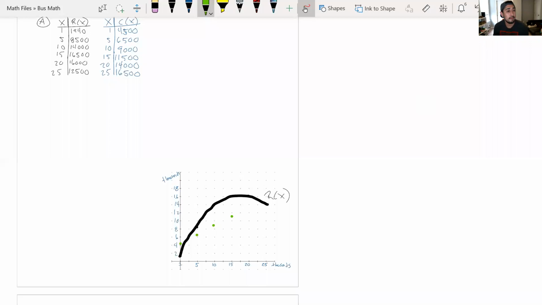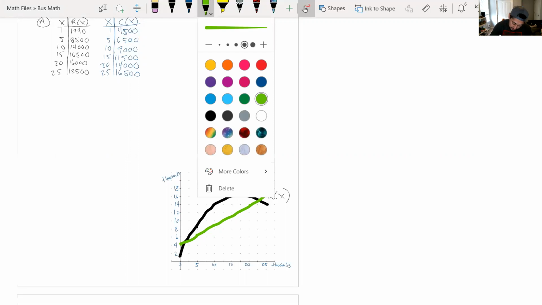Around there. 20 and 14,000. Nope, that's not 20. The next one over. There's that. And then 25 and 16,500. Up there. And connect. There we go. And that is cost function.